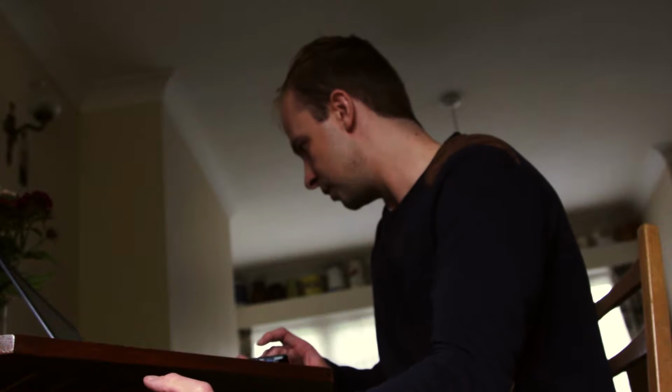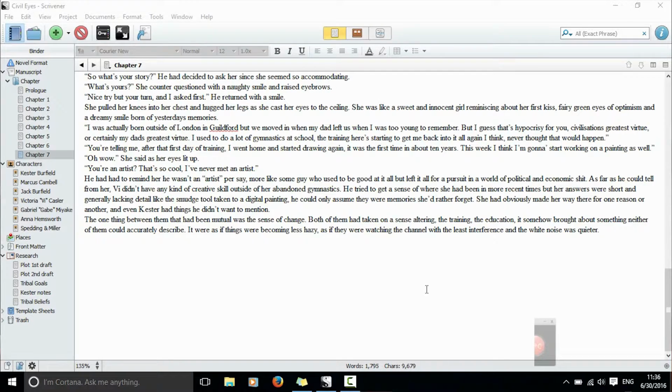So I actually use Scrivener to create everything, so if you ever wonder what program I'm using. If we look at the screen here, I've got an actual section on the right for my characters.